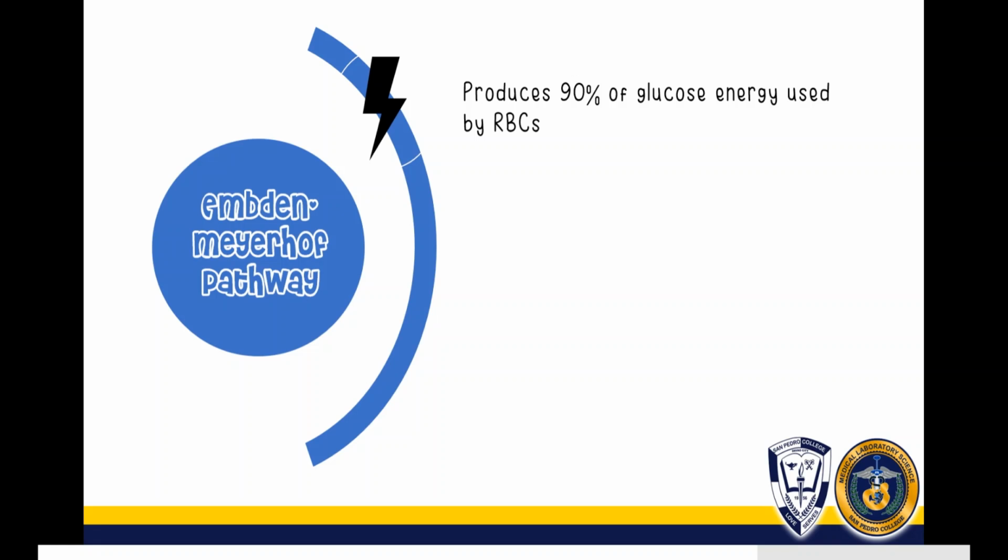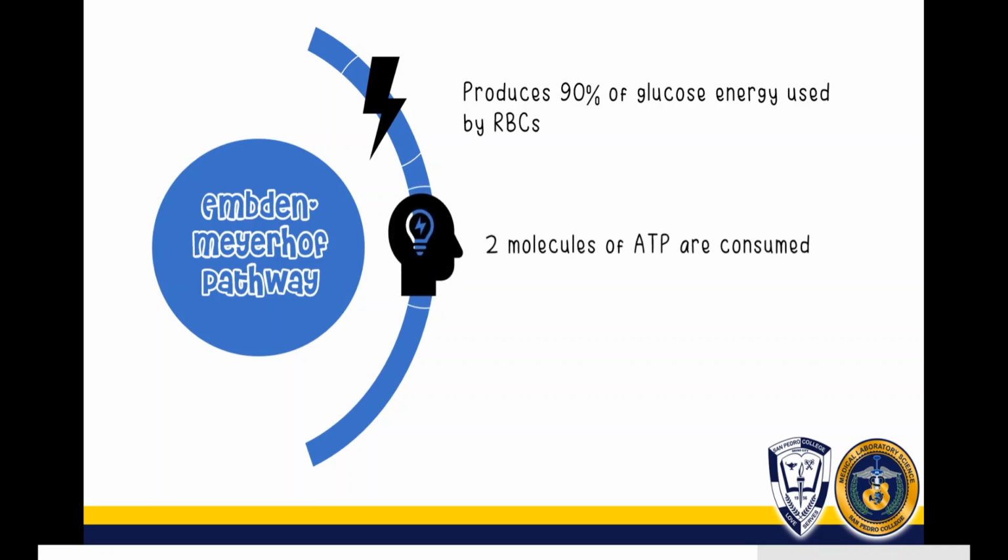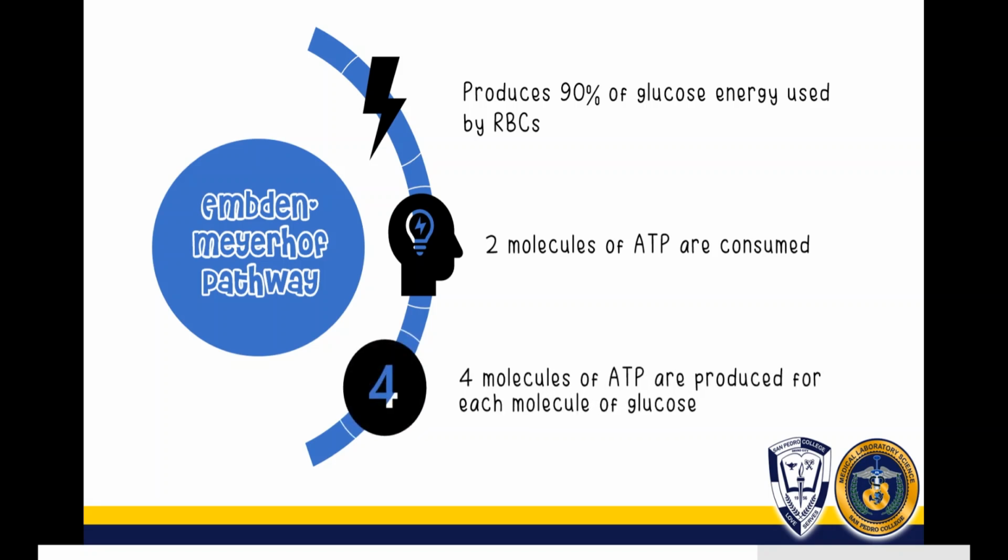So it provides most of the ATP that is utilized by RBCs to perform their function. It consumes 2 molecules of ATP in the earlier stage of the glycolysis, and it generates 4 molecules of ATP all in all. But because it consumes 2 ATP, there is 2 net ATP produced in this glycolytic pathway.